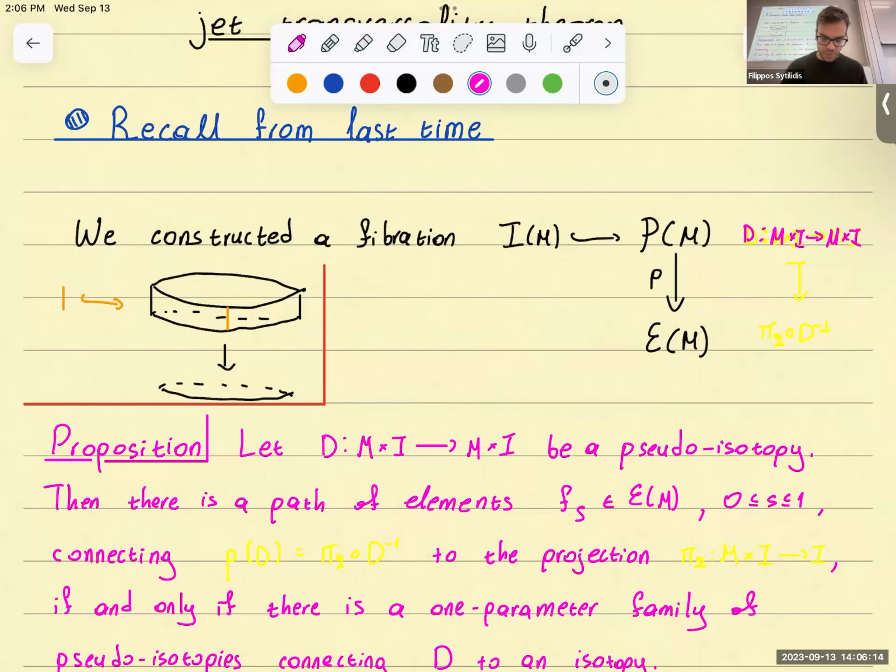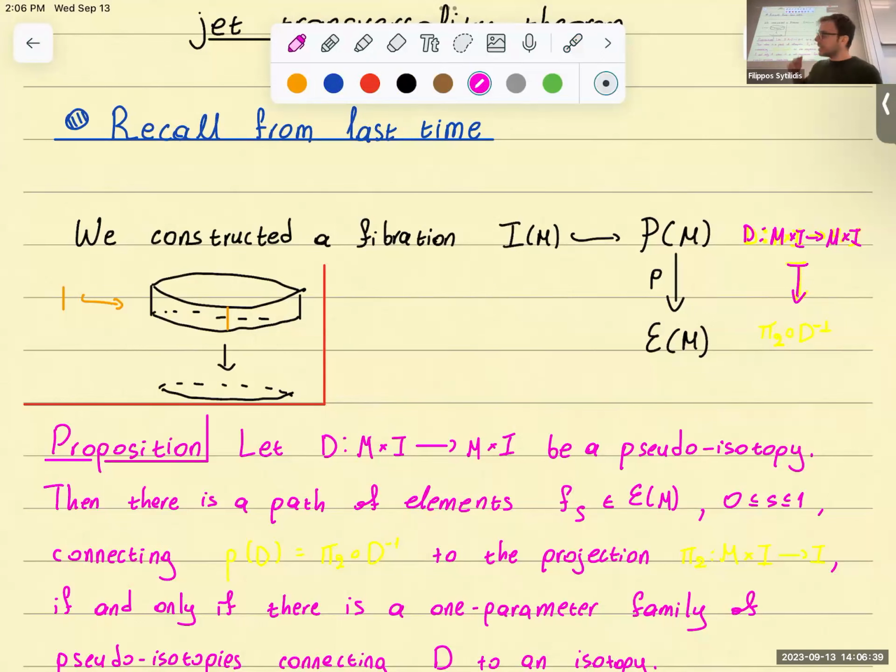Okay, and what we did last time is that we constructed this fibration. So I constructed to you a map from this space of pseudo-isotopies to the space of real valued smooth functions on M cross I with no critical points. And what was this map?